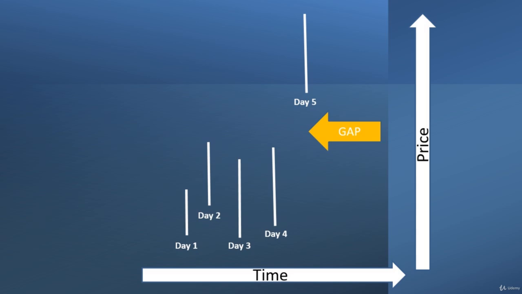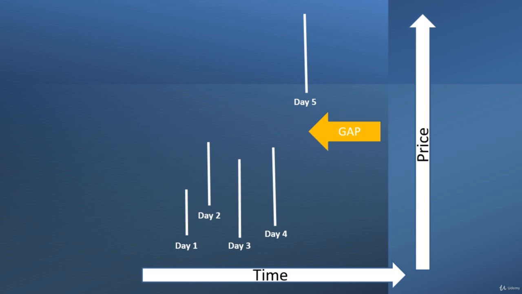But in particular, you're looking at the overall day's trading range, which is the classic formation of a gap. I don't have the open and close in here because that's not important when you're looking at a gap. You're looking at the range from the high to the low, and there's overlap from days 1 through 4.